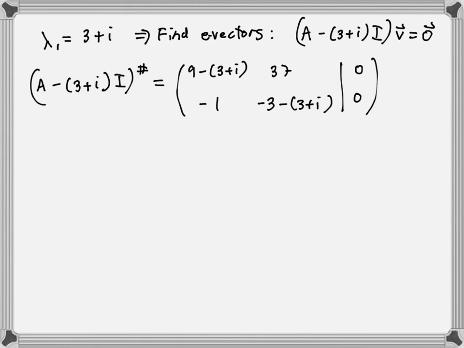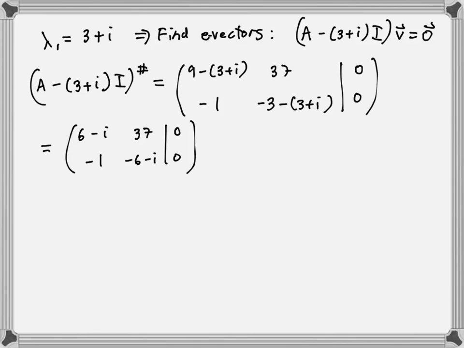This is what we're looking at. Okay? What does this become? When we actually do the subtraction, we end up with 6 minus i, 37, -1, and -3 minus 3, let me actually subtract that, is -6 minus i.